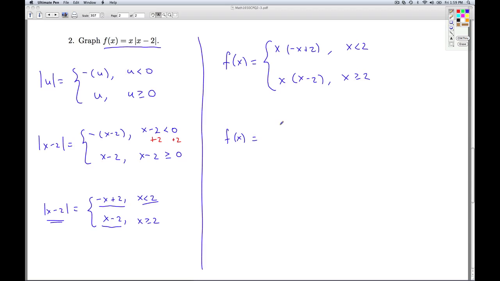And I can simplify this to minus x squared plus 2x for x less than 2, and x squared minus 2x for x bigger than or equal to 2. Each of these things are parabolas. So what I have to do is graph each of these parabolas for each of these parts of the real number line.